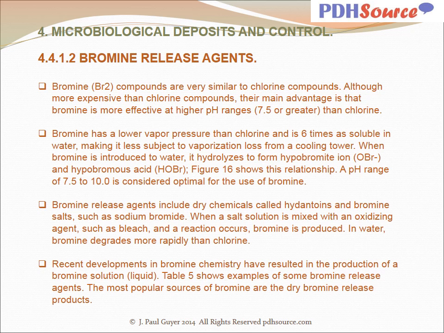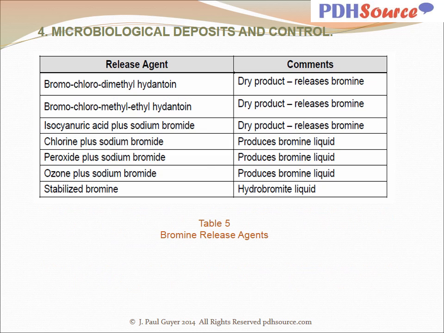The most popular sources of bromine are the dry bromine release agents. Table 5, indicated here on slide 91, indicates the bromine release agents together with some comments on how they are available and their actions.